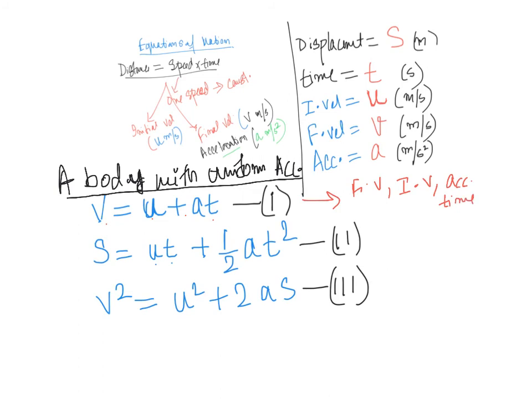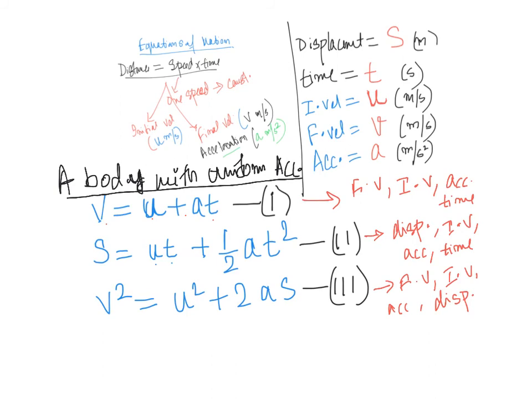The second equation has displacement, initial velocity, acceleration, and time. We don't have final velocity in this. The third one has final velocity, initial velocity, acceleration, and displacement. It does not have time in this.